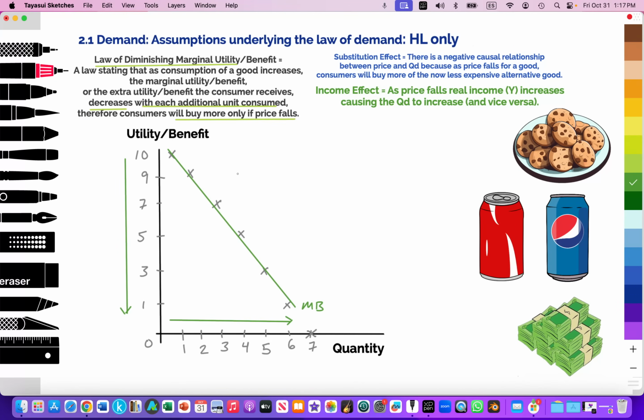Thus, we can say that the marginal benefit as a formula is equal to the change in the total benefit divided by the change in the number of units consumed.